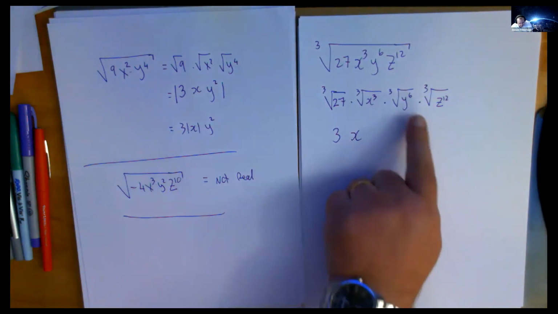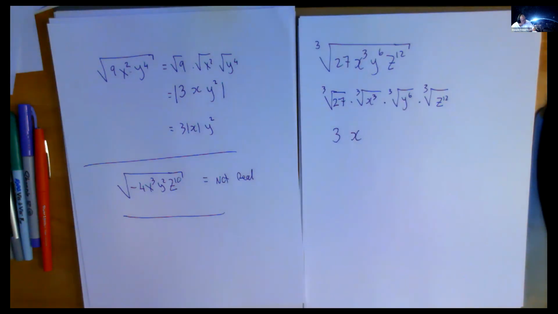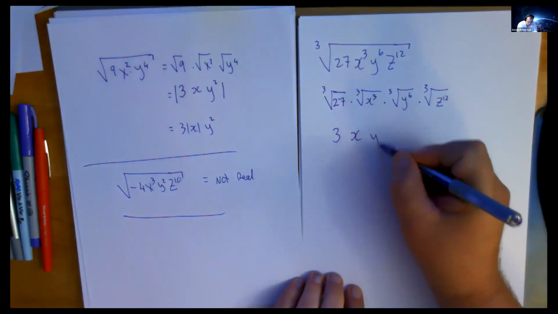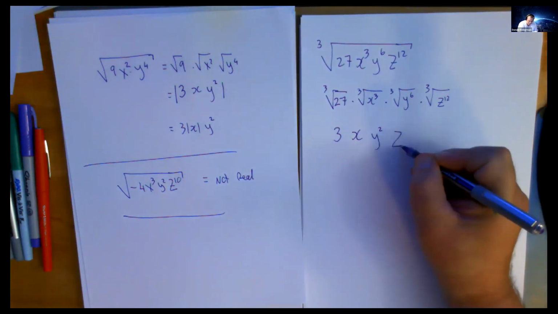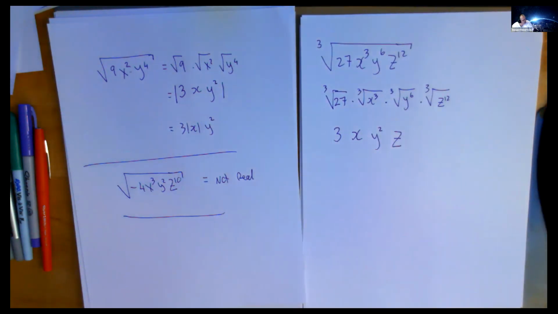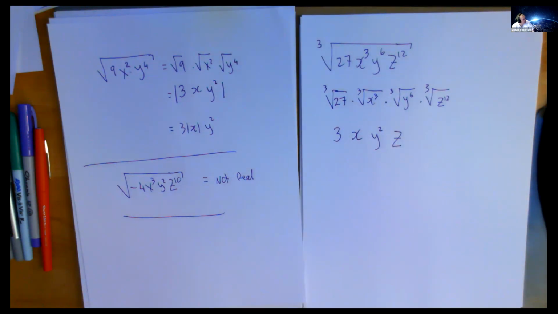Now, what would y to the 6 inside the cube root get us? Wouldn't you take the 6 and divide it, share it 3 ways? And wouldn't that get you your y squared? What would the last piece get you? The cube root of z to the 12. 4? Yeah.